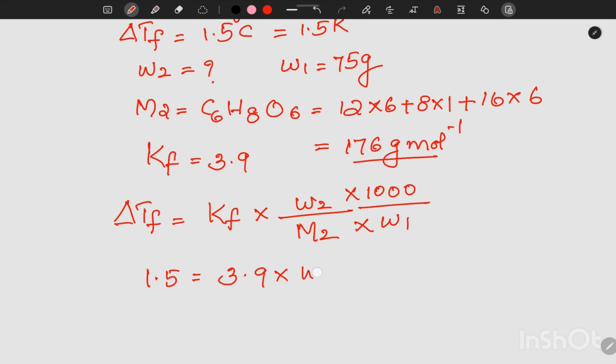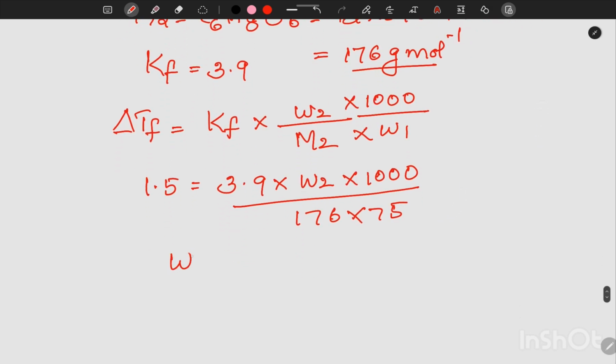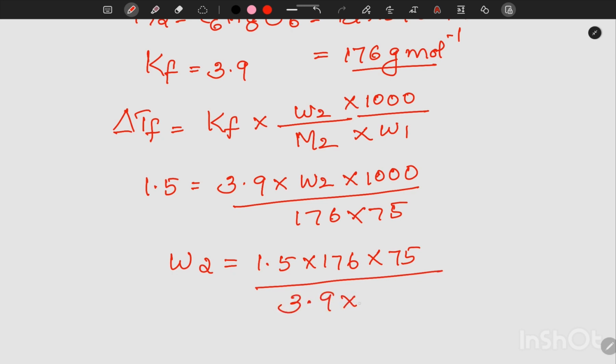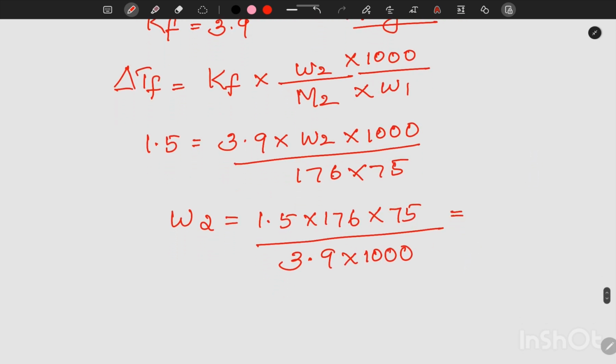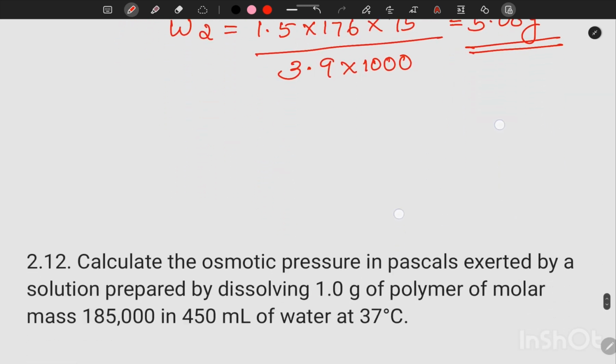So we can write it as W2 into 1000 divided by molar mass 176 into mass of solvent 75. So W2 is equal to 1.5 into 176 into 75 divided by 3.9 into 1000. So 5.079. So we can write it as 5.08 gram.